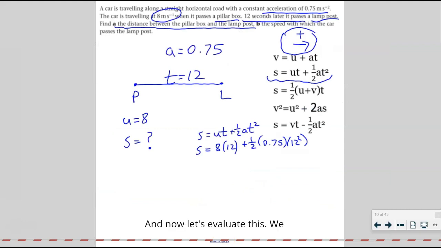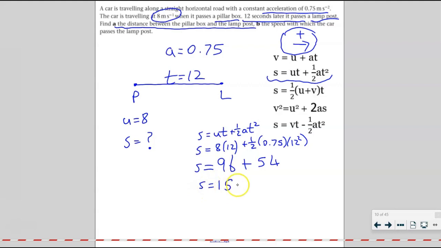And now let's evaluate this. We get 96 plus 54, which gives you 150. Okay, so this is part A.